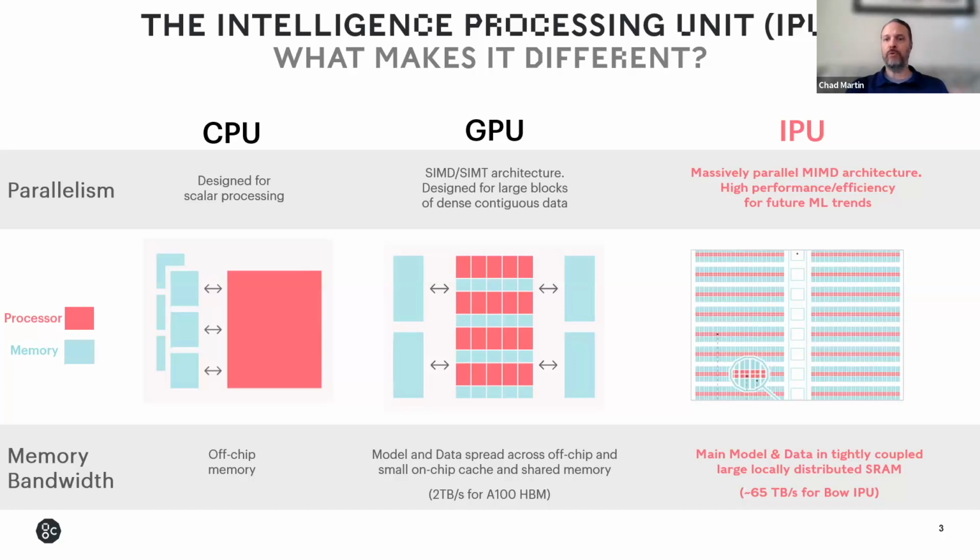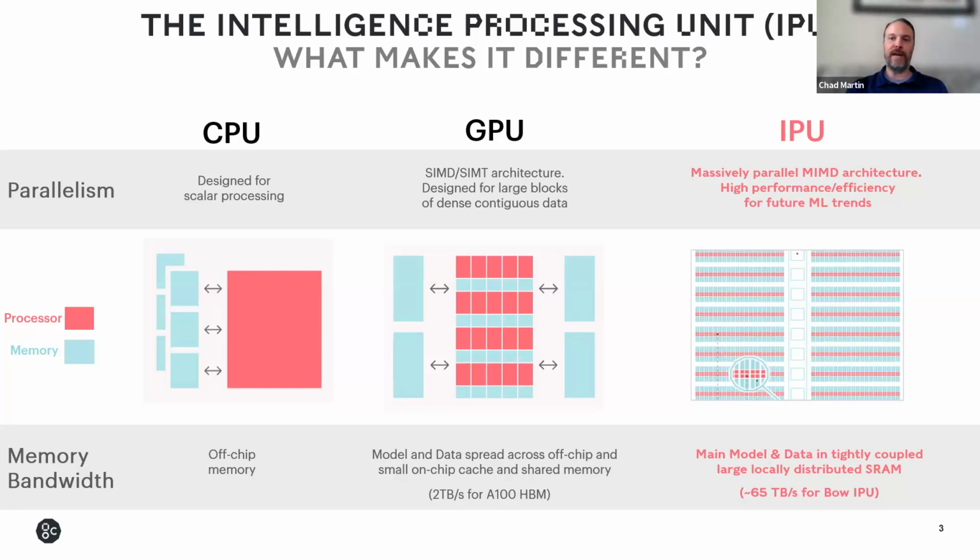With IPUs, we went a step further than that in both the compute and the memory standpoint. One of the biggest challenges in compute is both the latency and power draw of moving data back and forth. So each of our cores on the chip have local memory that they access, and that local memory is SRAM.